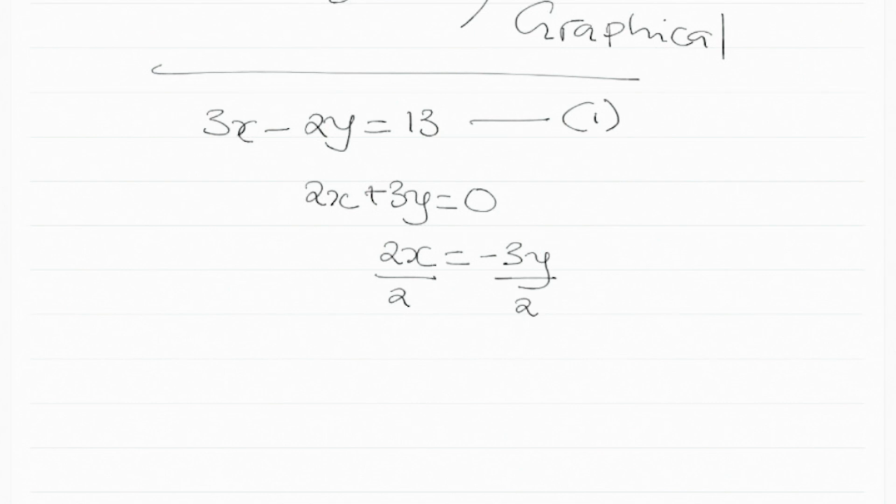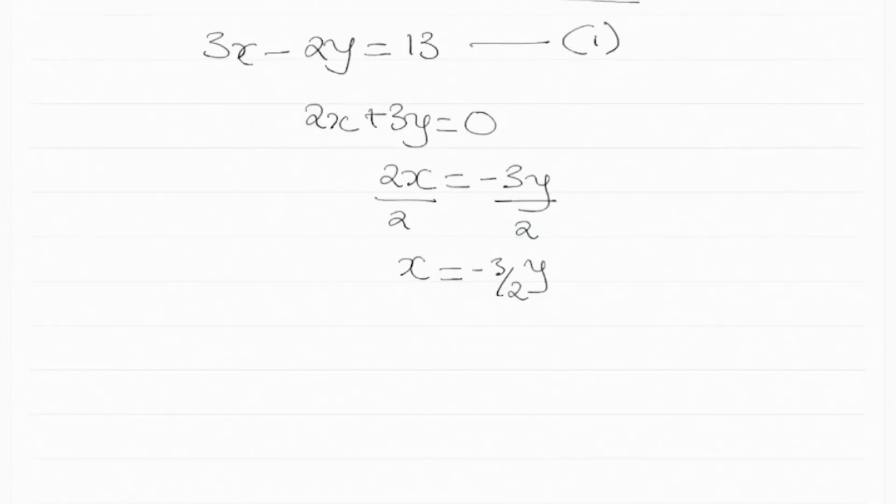Proofread it using additive inverse on your own. Then to find x, I'll divide through by 2, so that we have x is equal to negative 3 over 2 y. This is my equation 2.